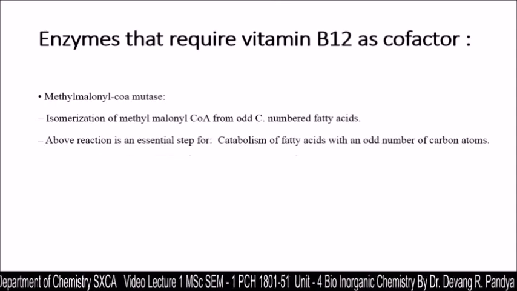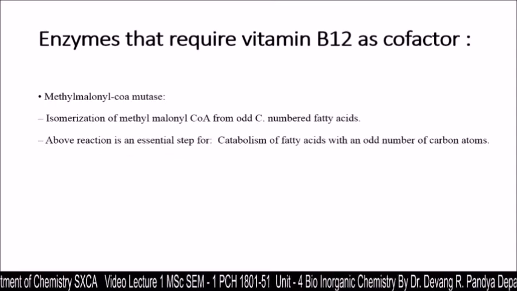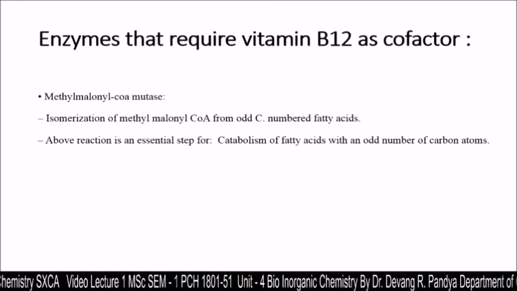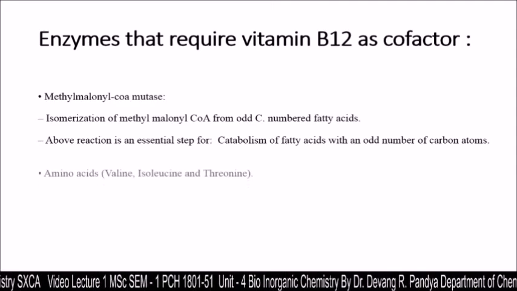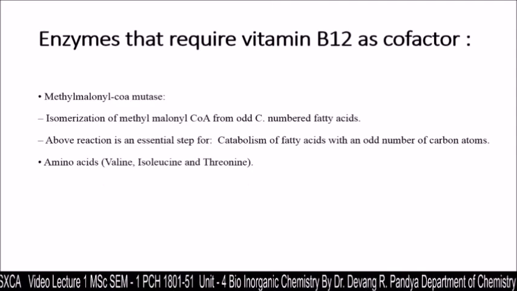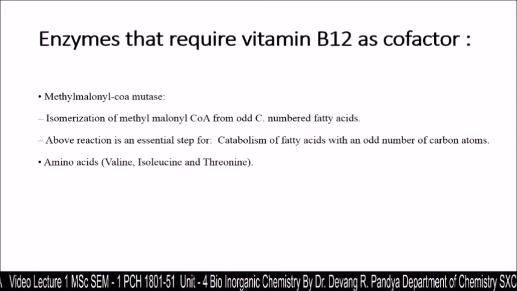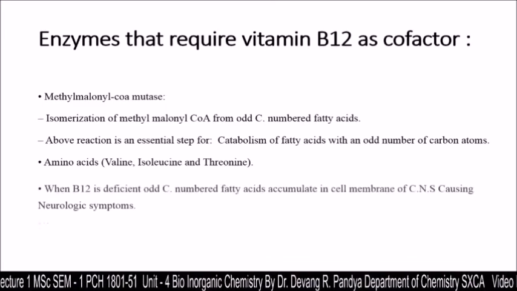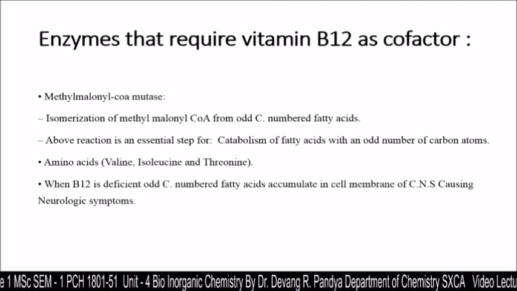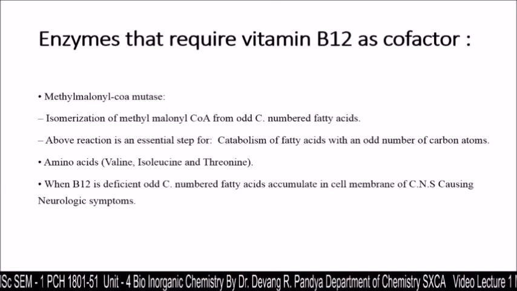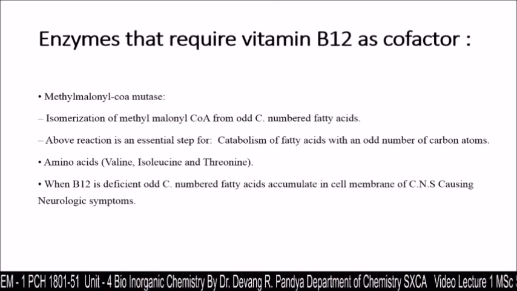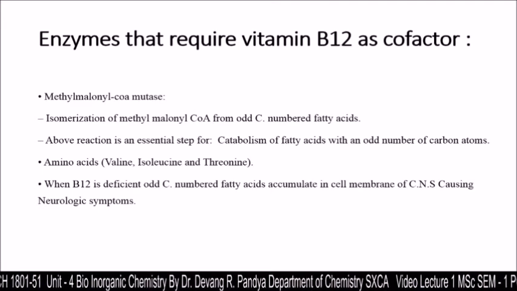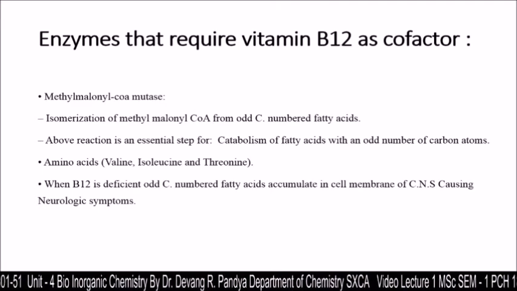This reaction is an essential step for the metabolism of fatty acids with an odd number of carbon atoms, and the amino acids valine, isoleucine and threonine. When B12 is deficient, odd carbon numbered fatty acids accumulate in the cell membrane of the CNS, central nervous system, causing neurological symptoms.